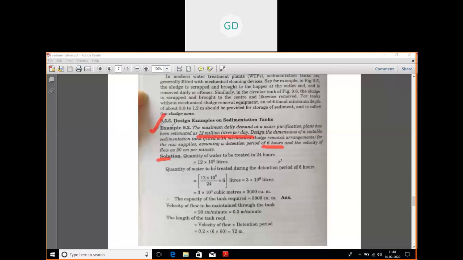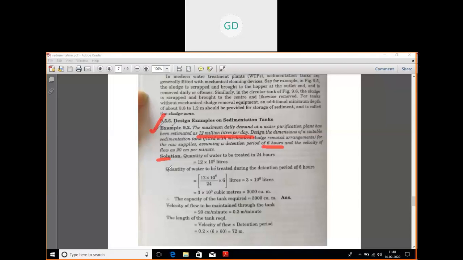The maximum daily demand is given per day, and since the detention period is in hours, we need to convert 12 million liters per day to hour first, and then multiply with the detention period, then you will get the capacity, or you can say the quantity.